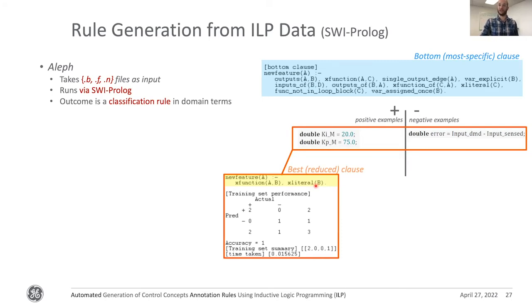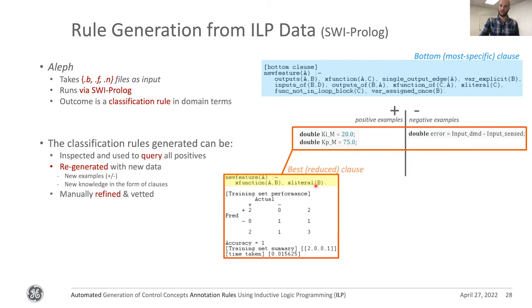So we can actually use the generated rule to query different statements in the code that correspond to this rule. Then we can see what they correspond to in the UI, and choose more positive and negative examples.